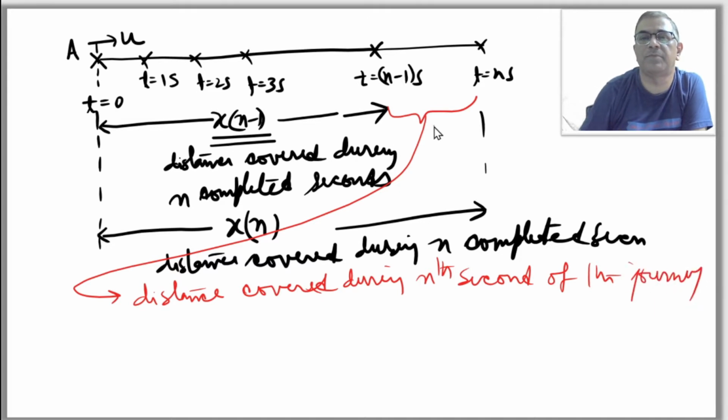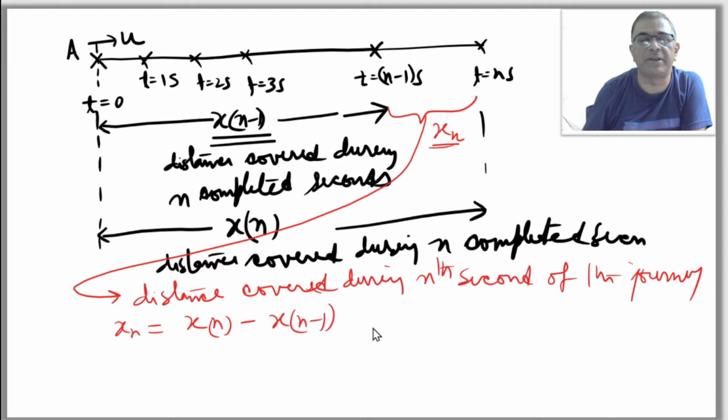If I represent it by the symbol x_n, with n as a subscript, then x_n should be equal to x_n minus x_(n-1), as per definition.